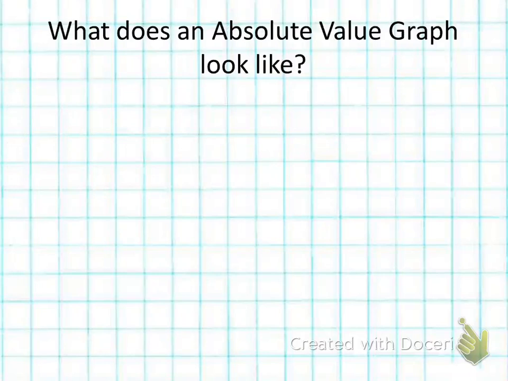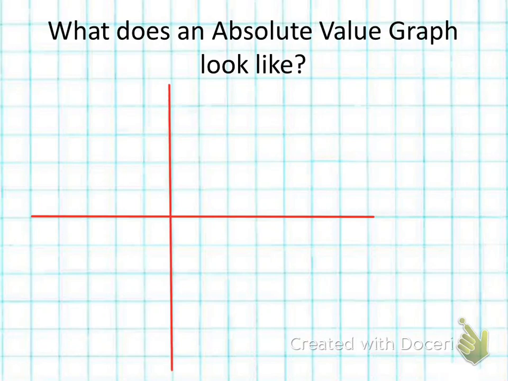Well, if I were to make a coordinate plane, an x and y axis, let's say this was my x-axis and this is my y. An absolute value graph looks like the following. It would look like this.